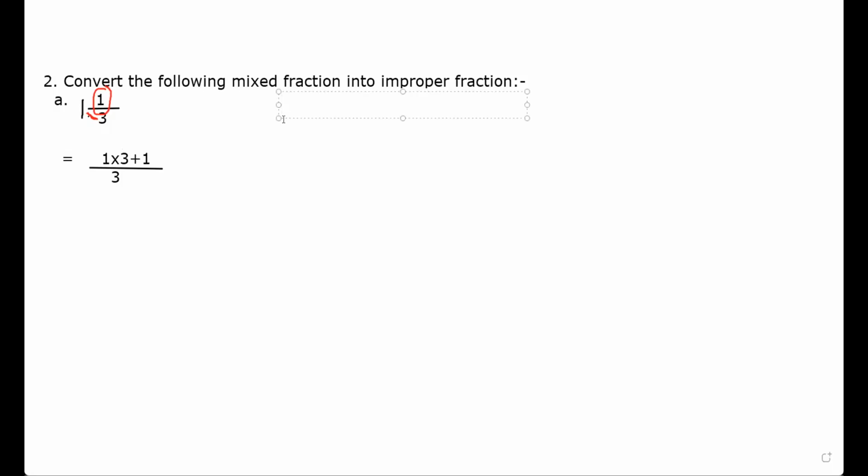You have to multiply quotient into denominator, and you have to add the remainder, and you have to write the denominator as it is. This is how we have to convert the mixed fraction into improper fraction.